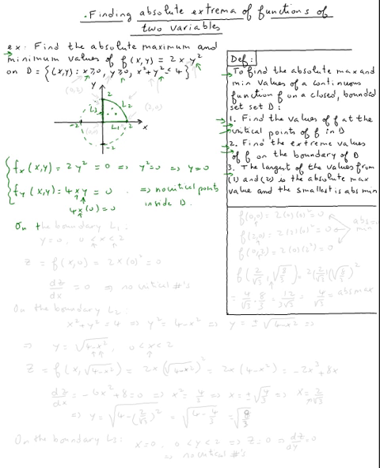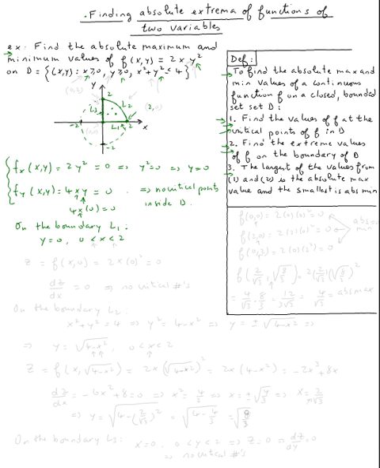On the boundary L1, what is the equation of the boundary L1? We know that y is equal to 0, and we know that x is between 0 and 2. By the way, first thing, like I did in the previous examples, I'm going to treat the corner points first.